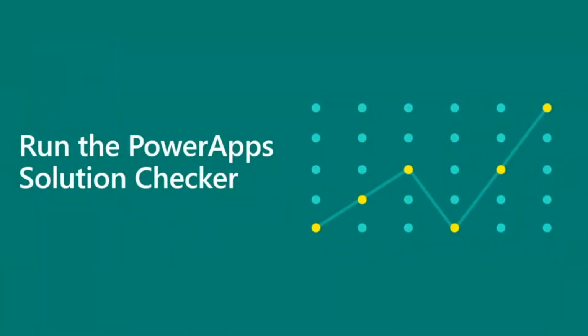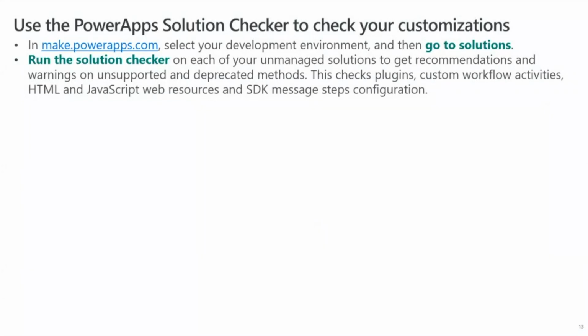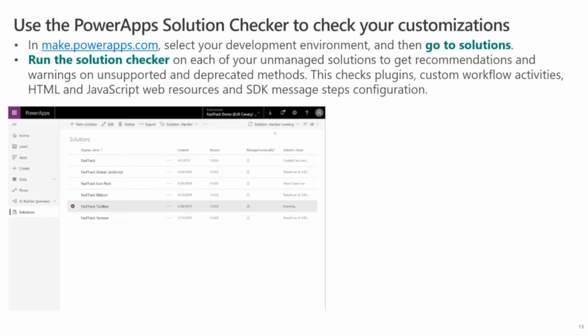So first, I discussed the Power Apps Solution Checker. What is it? It's simply a tool that will check your solution customizations and custom code. So this checks plugins, custom workflow activities, HTML and JavaScript resources, and SDK message steps configuration. To access it, simply go to make.powerapps.com, select your development environment, and then go to solutions.